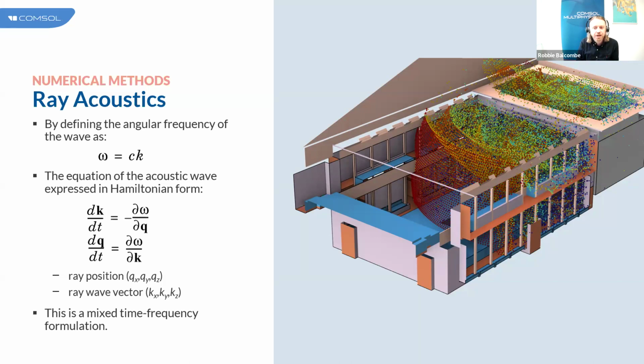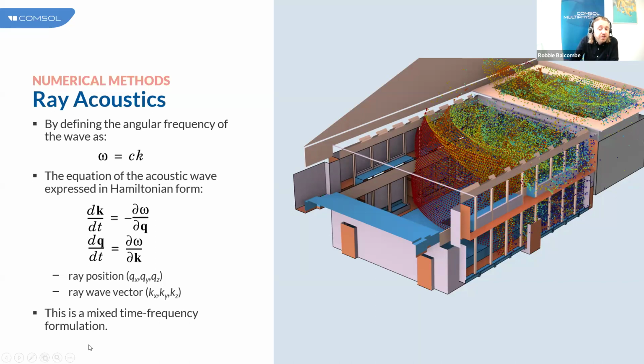So when solving ray acoustics, for each ray we compute a set of 6 dependent variables: the position of the ray in space and the direction that the ray is traveling. We can also assign additional quantities that we may want to calculate within our rays, such as the intensity or the power. So we can add additional auxiliary variables to these rays as well.